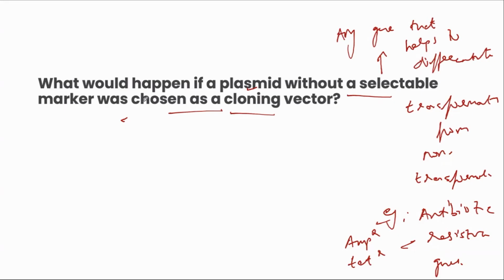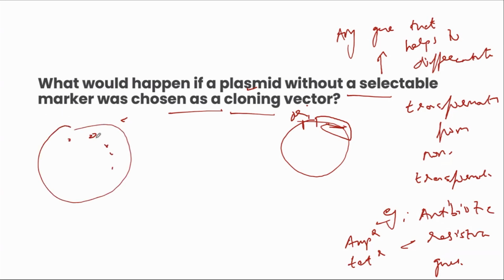But the question is, what if we choose a vector which does not have a selectable marker? I hope you remember that among the four properties and features of a vector, the selectable marker was one of the most important. If there is no selectable marker, you may get a lot of colonies, but you would have a difficult time screening them.